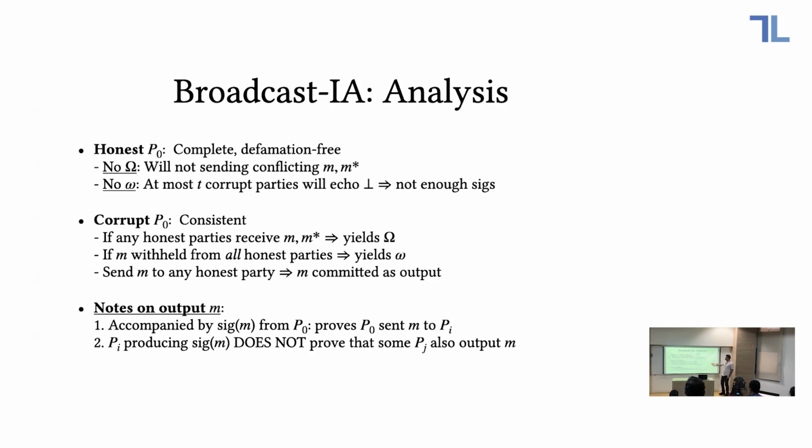Now, if the sender is corrupt, first we show that it's consistent. So first thing, is the evidence the actual message to be sent linked to the broadcast, or are they just some messages in the protocol? No, this is the input to the thing.